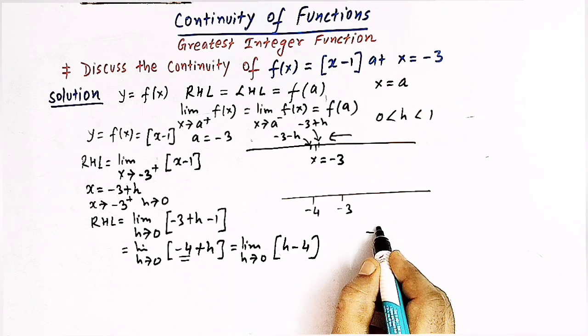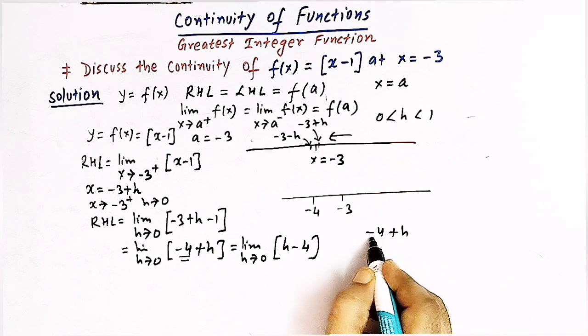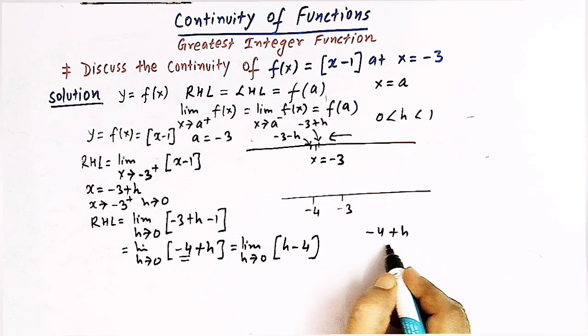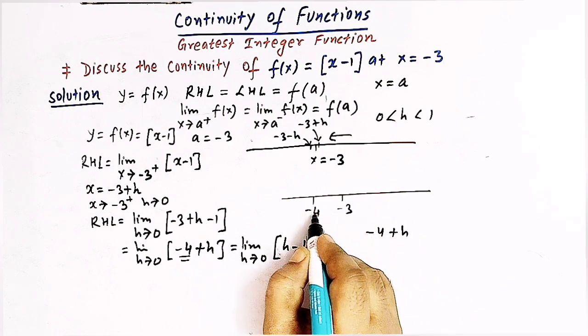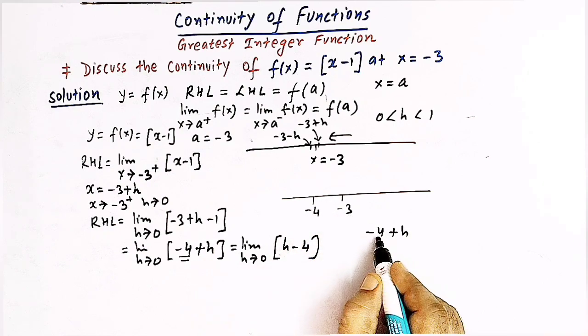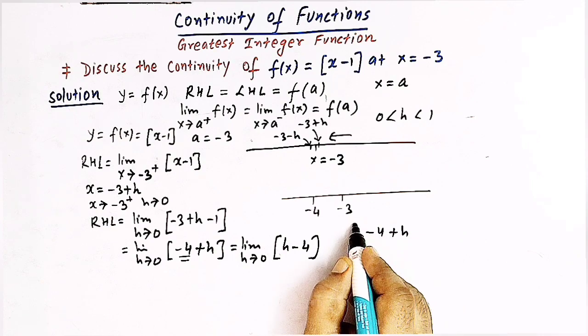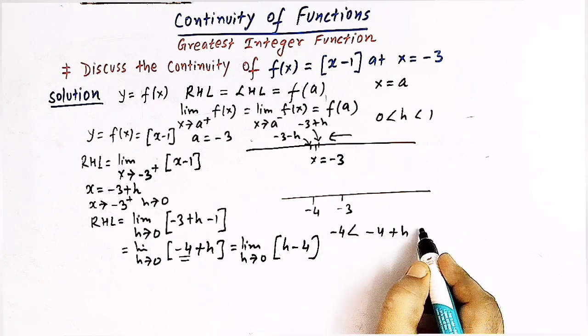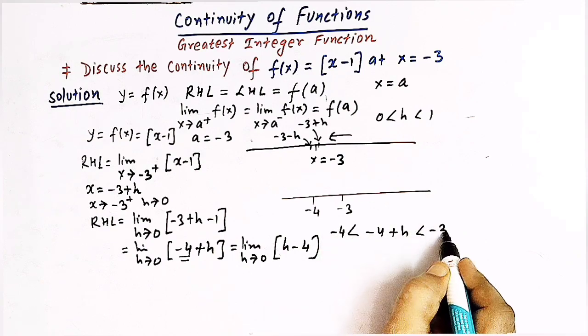So when we add h to minus 4, this quantity lies between minus 4 and minus 3, right? So minus 4 plus h is greater than minus 4, but it is less than minus 3.